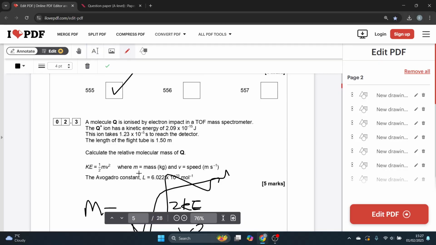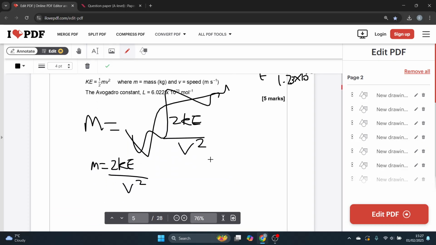And I don't have the velocity, but I know velocity is distance divided by time. So it's going to be the distance, the length of the flight tube, 1.50, divided by the time taken, 1.23 times 10 to the power minus 5. That will give me the velocity. Then I'll substitute that in here.